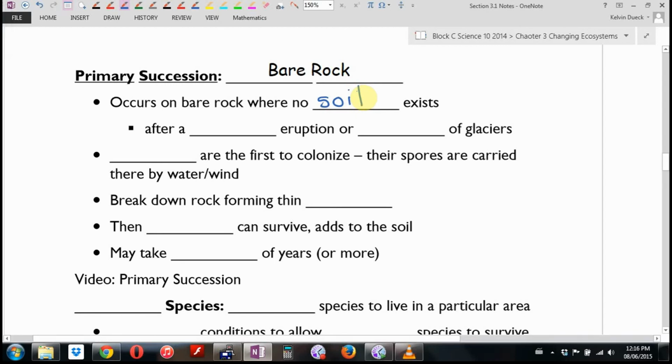Plants in particular, and we've said it starts with plants and everything. Those are our primary producers, and then we go into the primary consumers and all that. Where is there bare rock with no soil? Well, after a volcanic eruption, or the retreat of glaciers.